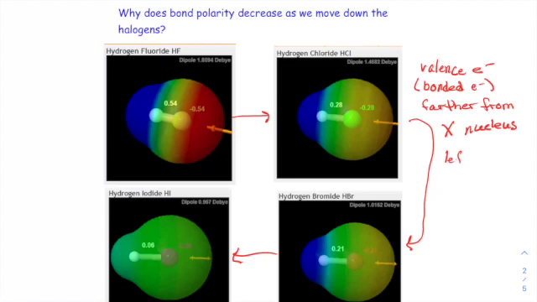So there is less force of attraction. And if there's less force of attraction, then we don't end up with as negative an end, which means we don't end up with as positive an end.